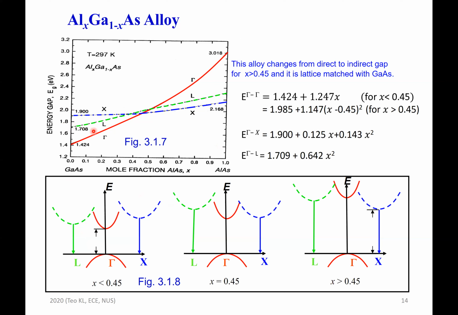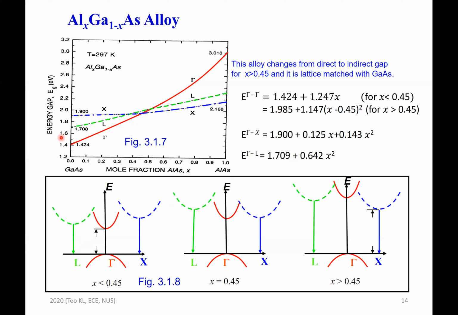As you change the composition, this gap, measured vertically downwards from the top of the valence band, changes. So gamma dash L, where the first symbol is the top of the valence band and L is the bottom of the conduction band at the L value, is represented by a quadratic equation.